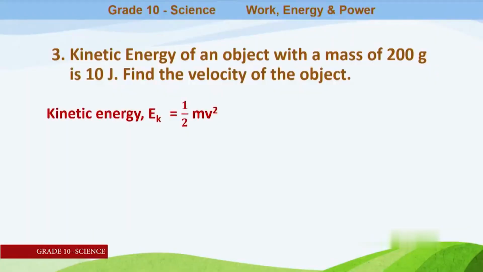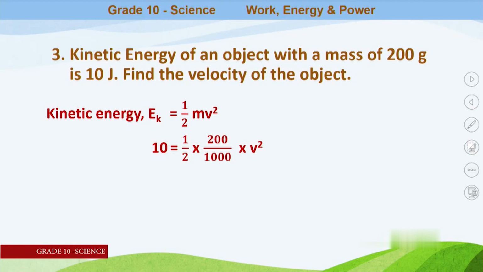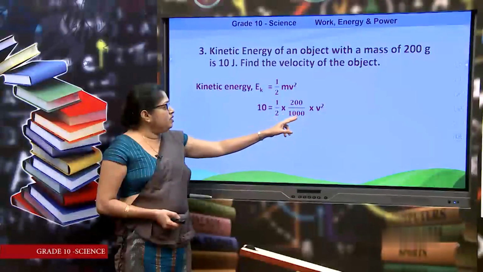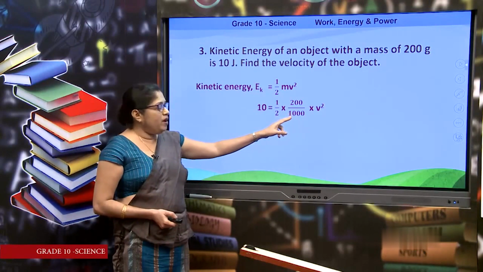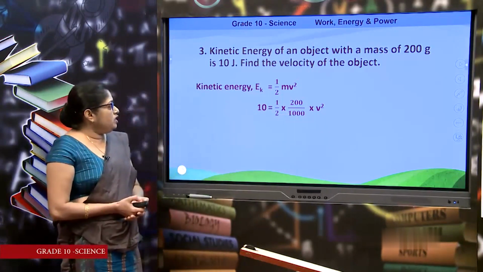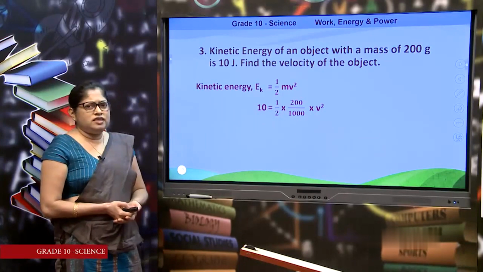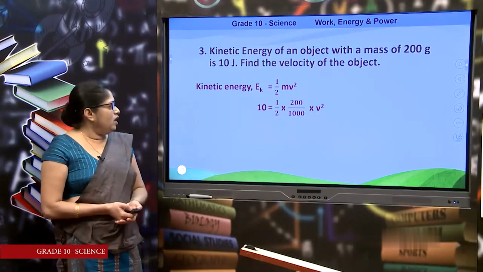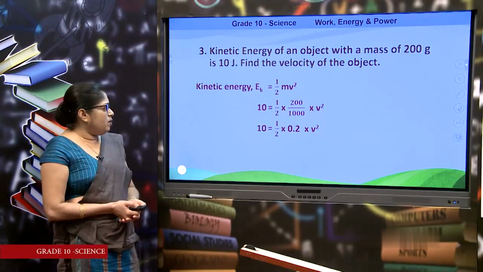First, as usual, you have to write the equation, then apply values. Here you know the kinetic energy, it is 10 joule, and then you write half as it is, and this is the mass, 200 gram divided by 1000. Now, you apply the value in kilogram into v squared. So, this is just like a simple algebraic equation. You can solve the problem now.